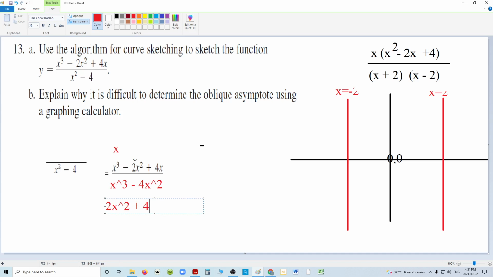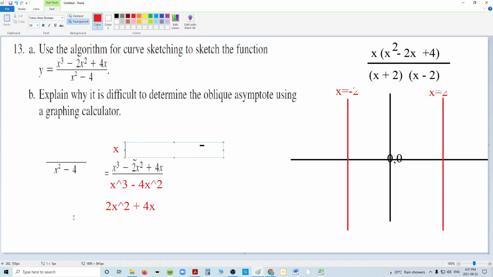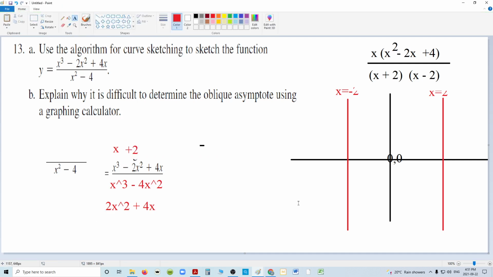And then I bring the 4x down. To get to that next one, and this is all you need, is plus 2, which means the oblique asymptote is going to be equal to this. X plus 2. It's going to go through the y-axis there, which means you're going to have some weird thing going on.